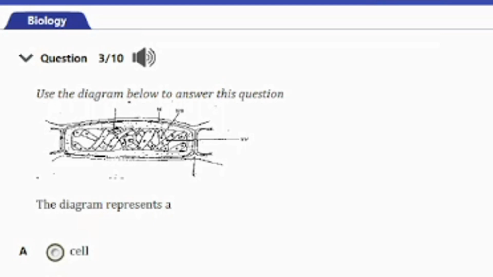The structure you see here is a spirogyra, and it occurs as a filament. You see the end-to-end connection in the diagram. So that's a filament, option C. Let's go ahead and consider the next question.